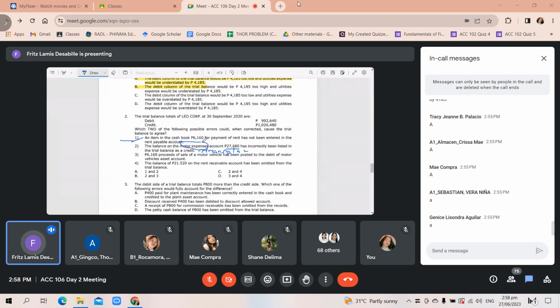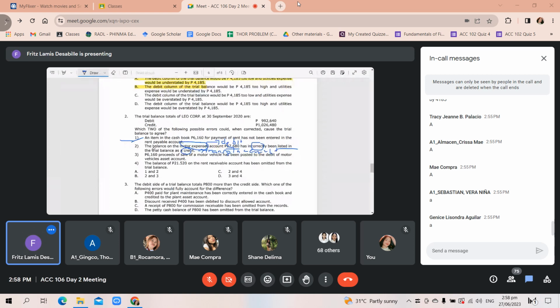Motor expenses are expenses, and expenses should have a debit balance. However, it was incorrectly listed in the TB as a credit. So this is called a transposition error.